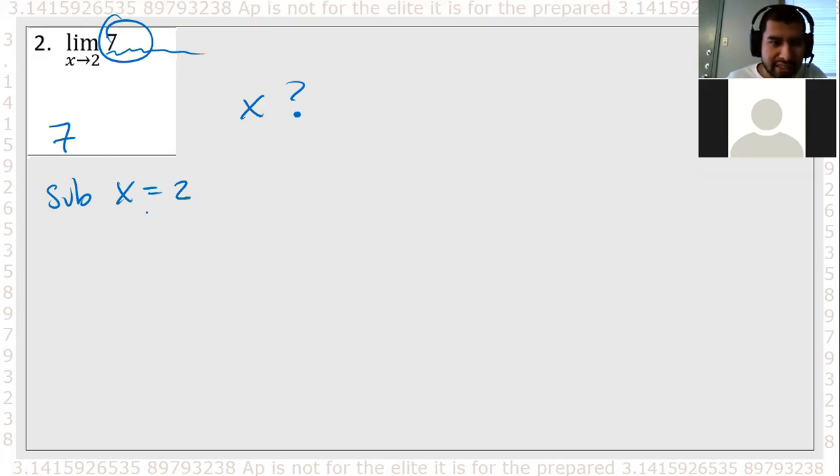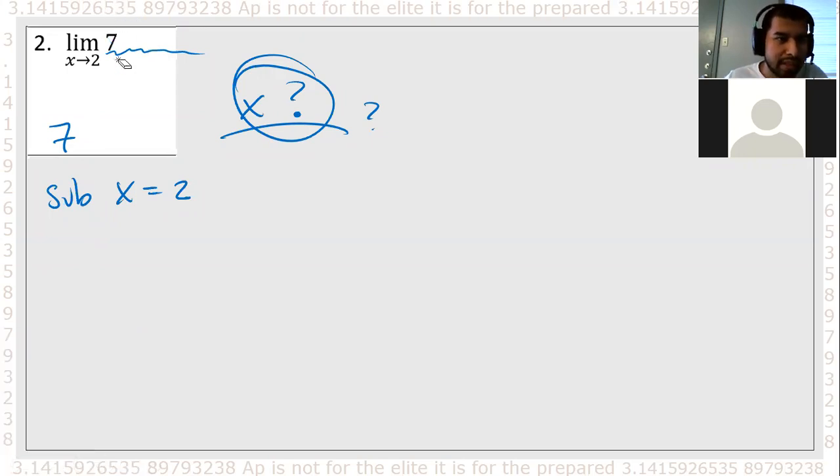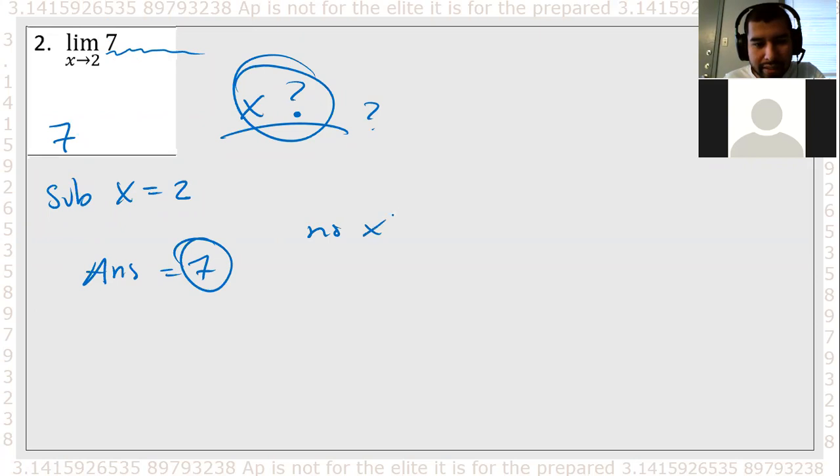Do you see any x's? There's none, right? So no matter what I do to this right here, it has to be 7. No matter what, our answer is just 7, because no x's.